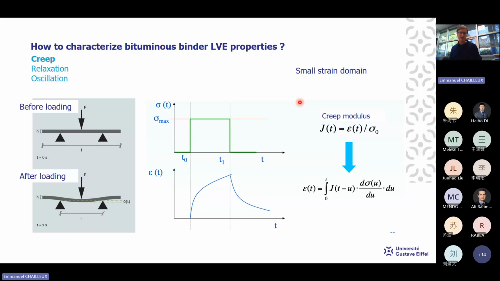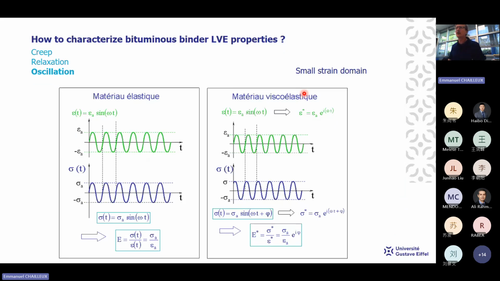So it's used in the bitumen field with the bending beam rheometer, for example, in the low temperature domain. But more usual for our material, we use the oscillation mode, so in the frequency domain.